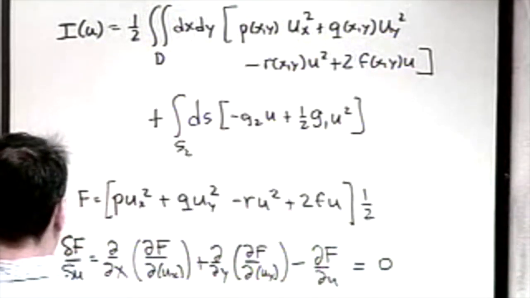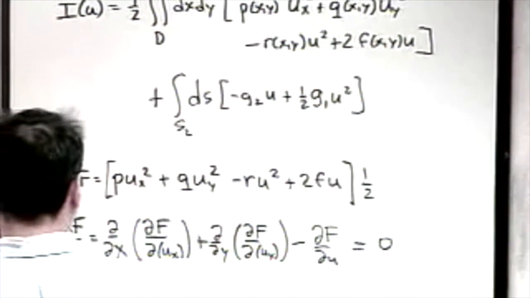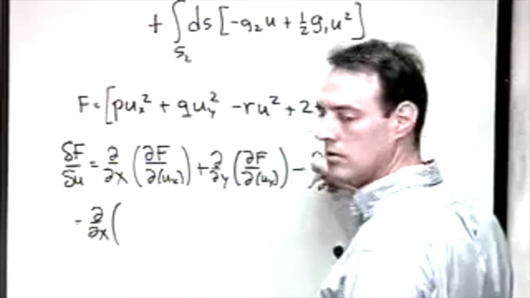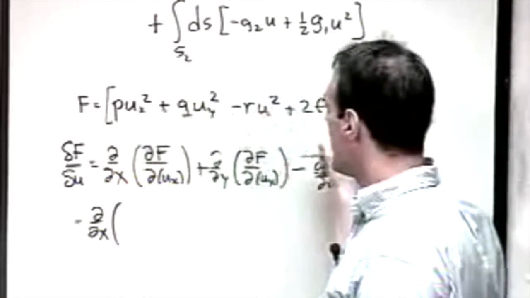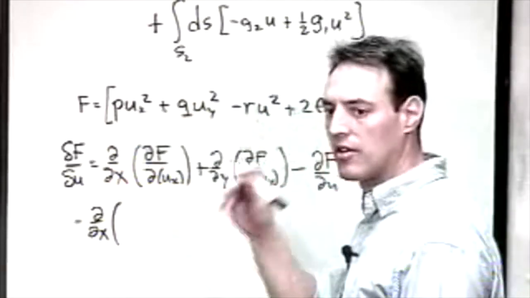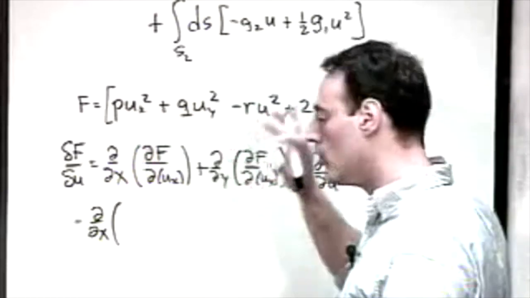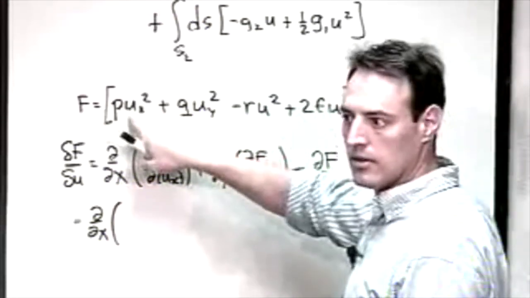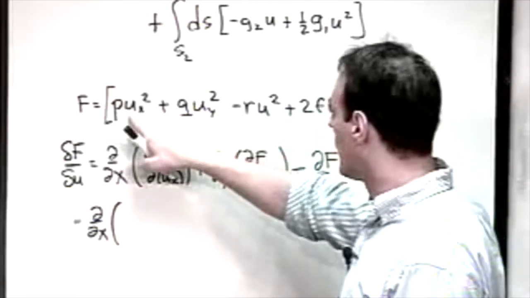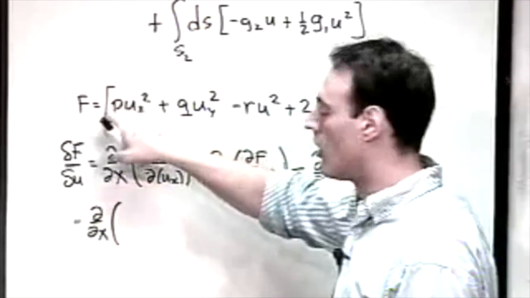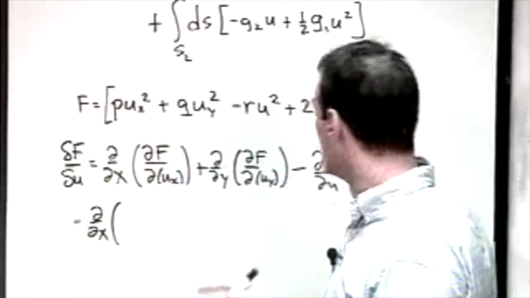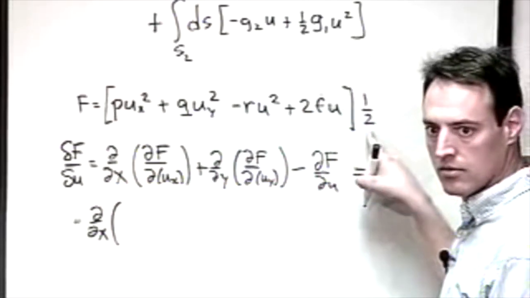This is equal to d dx of df dux. So look at your f here and take the derivative of this f with respect to u of x. Think of u of x as the one variable. U of y and u are independent. U of x only appears right there. If I take the derivative of it, what do I get? Well, the 2 drops down, so I get 2p ux. Times a half over here.